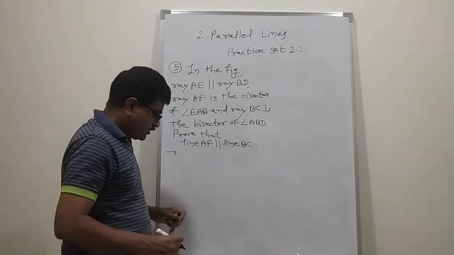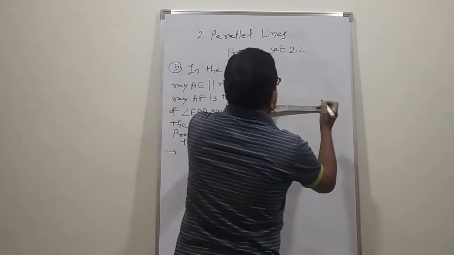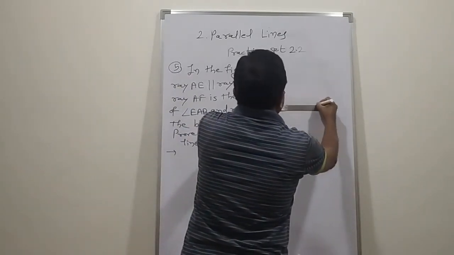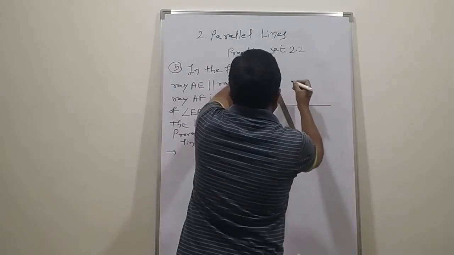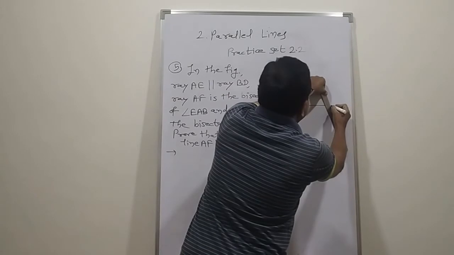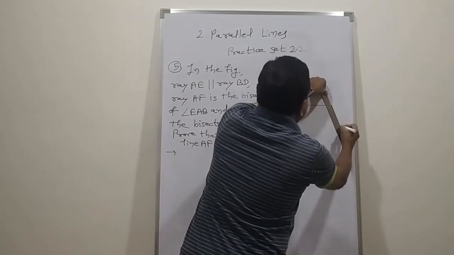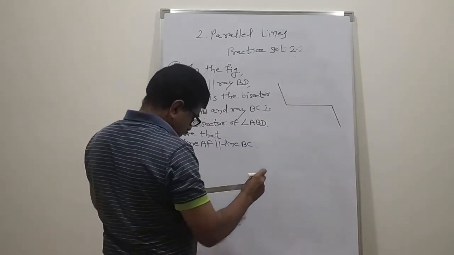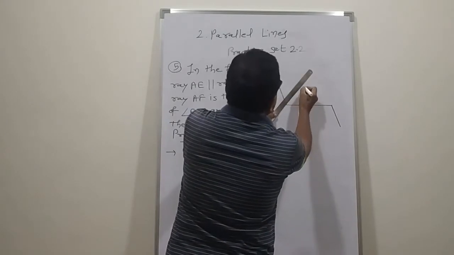Now for this, draw the figure. Now this is the bisector.